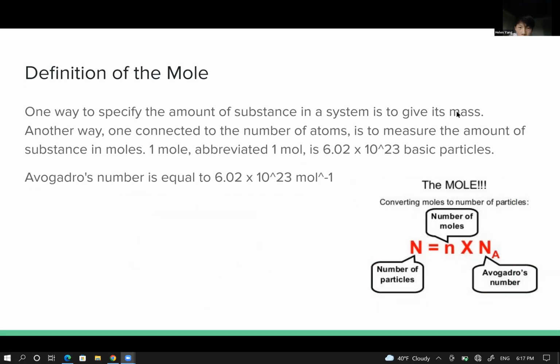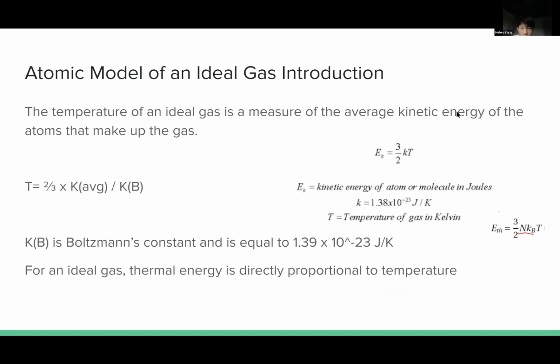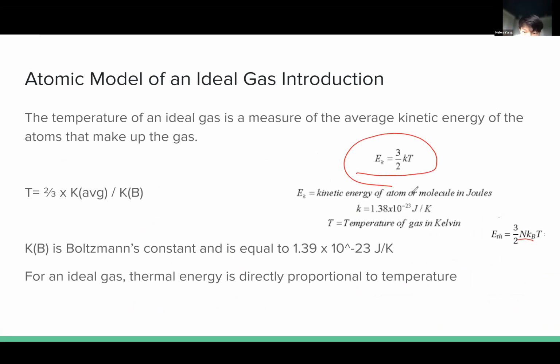Okay, so this is the atomic model of an ideal gas. The temperature of an ideal gas is a measure of the average kinetic energy of the atoms that make up the gas. So right here, it says this shows that the kinetic energy of an atom or molecule in joules is equal to 3/2 times k, which is Boltzmann's constant right here, and T, which is the temperature of the gas in kelvins.